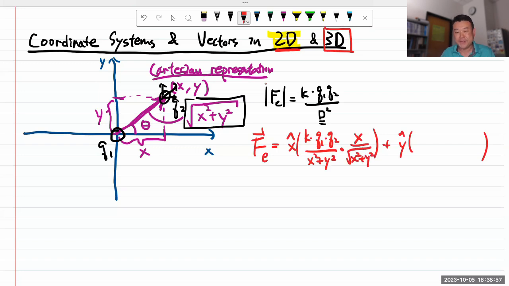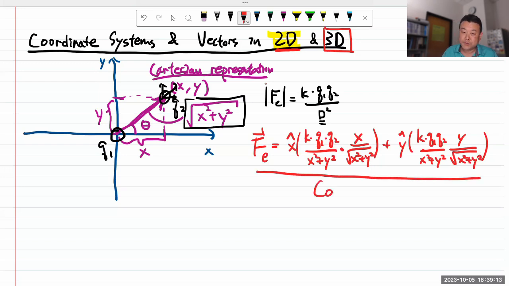That's the x component. And the y component will be k times q1 q2 divided by x squared plus y squared times y over square root of x squared plus y squared. This is how Coulomb's law appears in Cartesian representation.